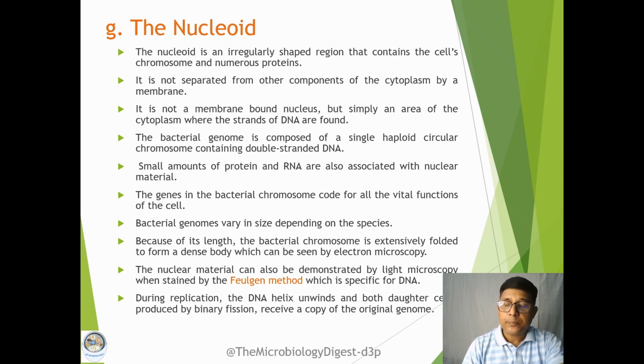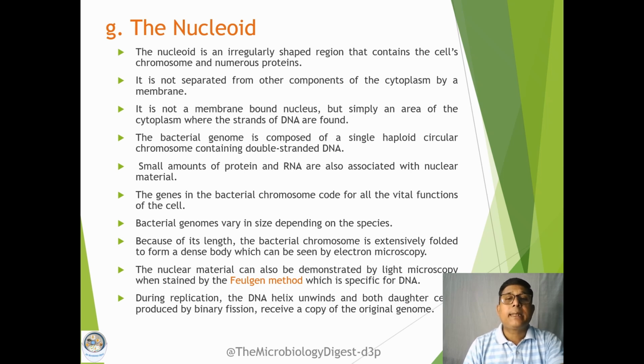Bacterial nucleoid is the nuclear material containing the bacterial DNA or chromosome as well as proteins. This structure is not a membrane bound structure, so that is why it is called nucleoid, not nucleus, because it is not membrane bound in bacteria.